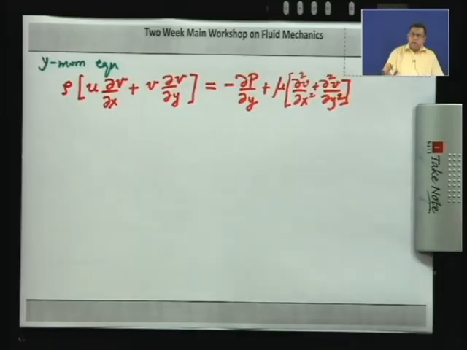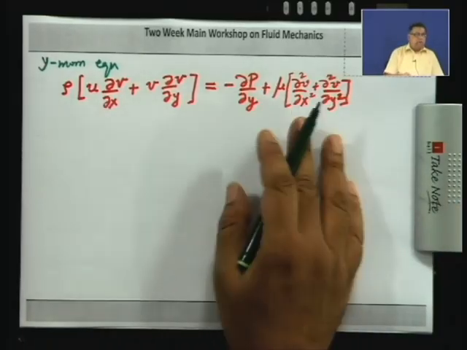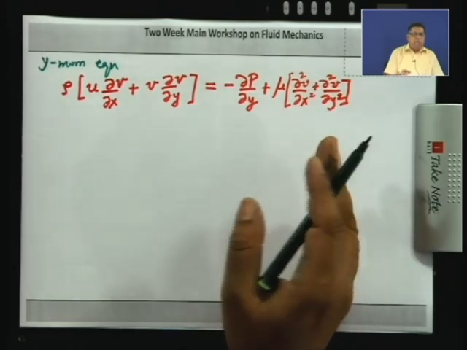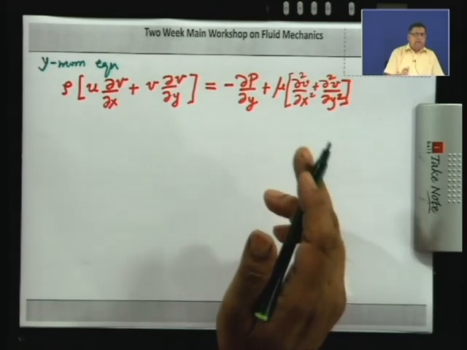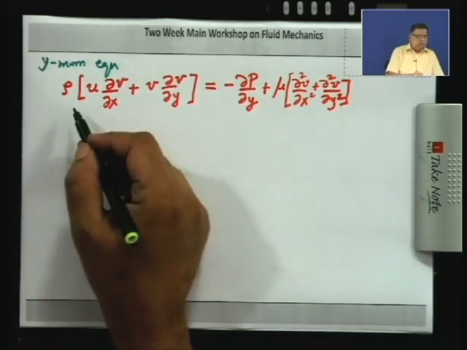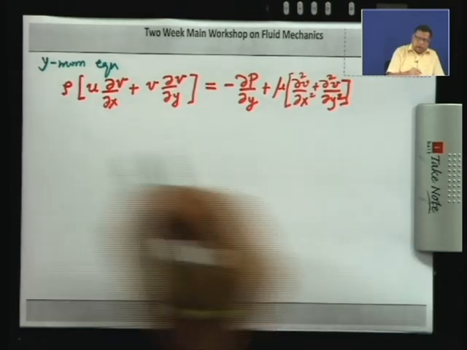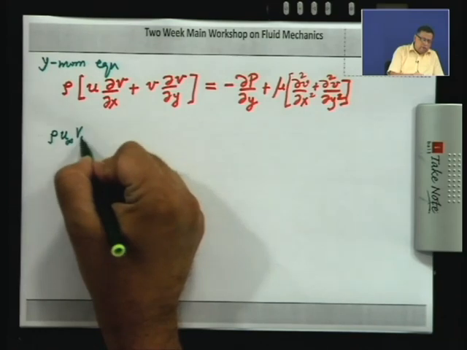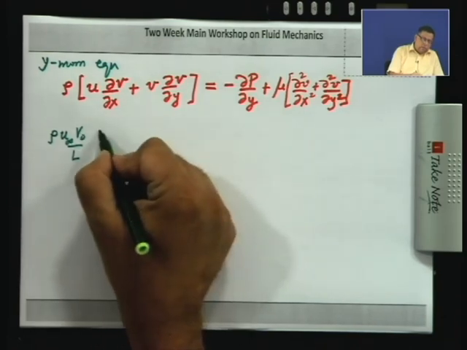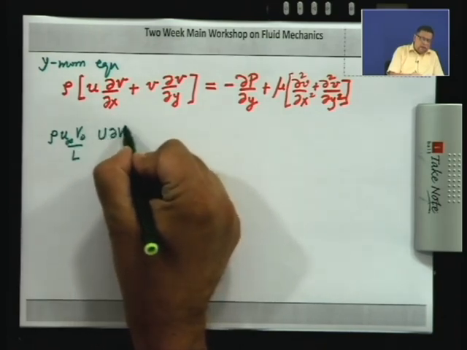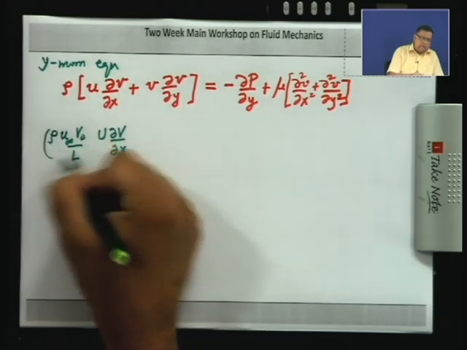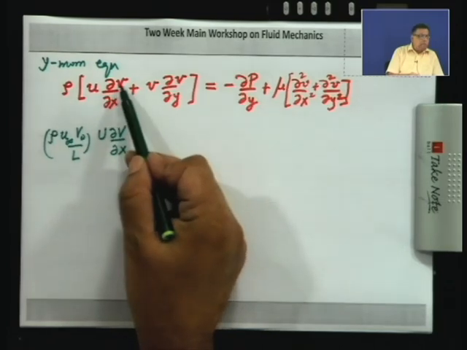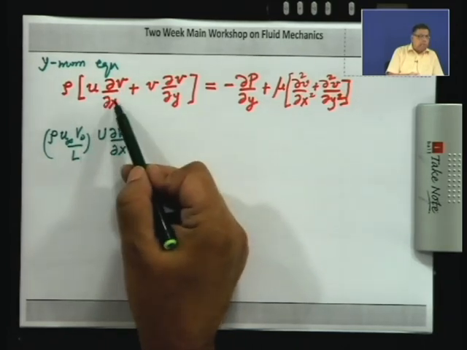So, this is a dimensional equation involving dimensional variables. Now, we will write the equation still in dimensional form, but by introducing non dimensional variables which are order 1. So, the first term I can write as rho u infinity v naught by L into U del V capital V del capital X. So, this u infinity comes from this u and this v naught is coming from this v and this L is coming from this x.